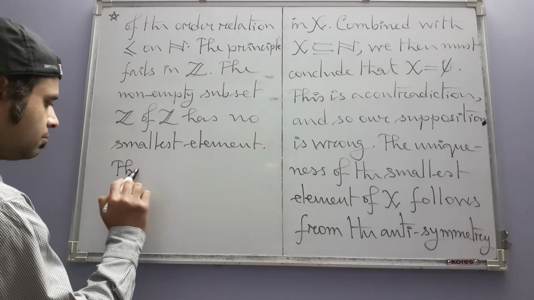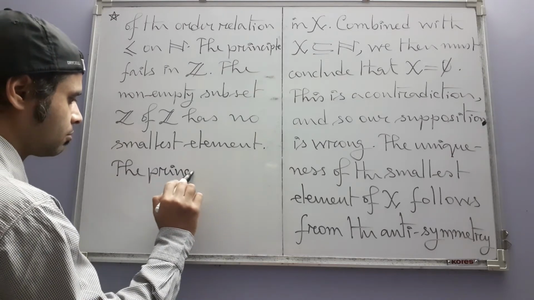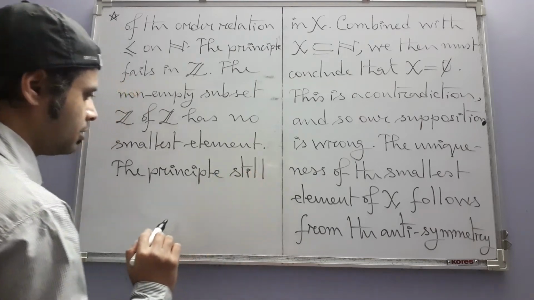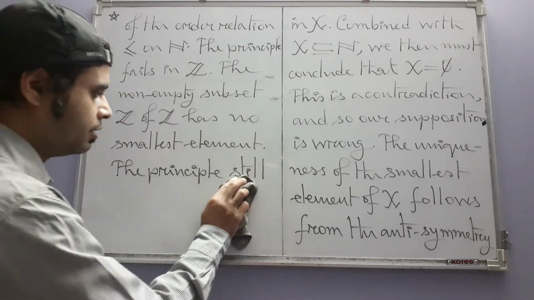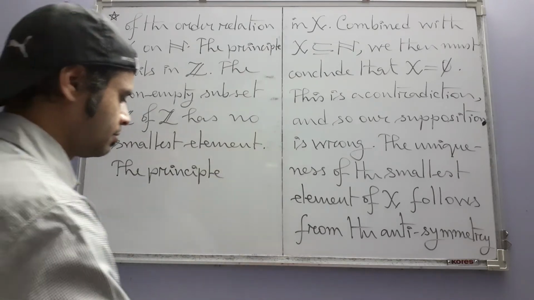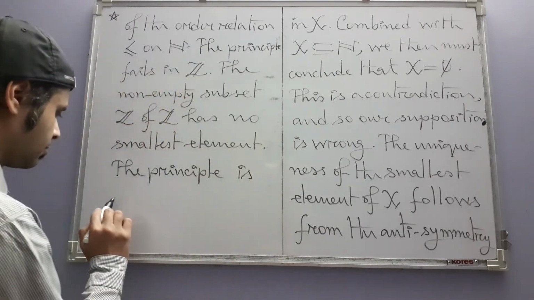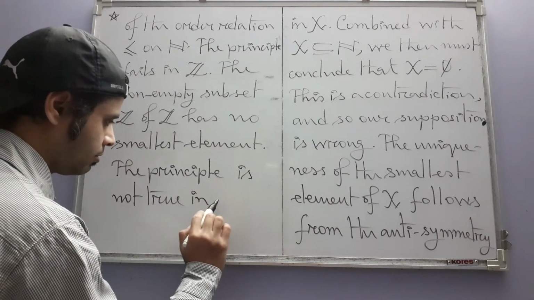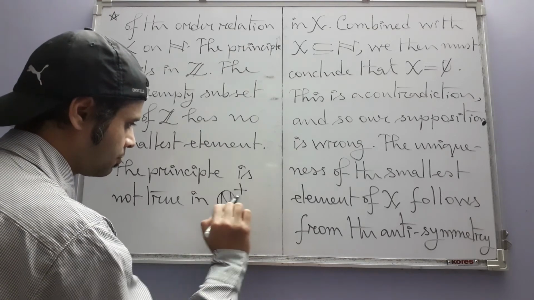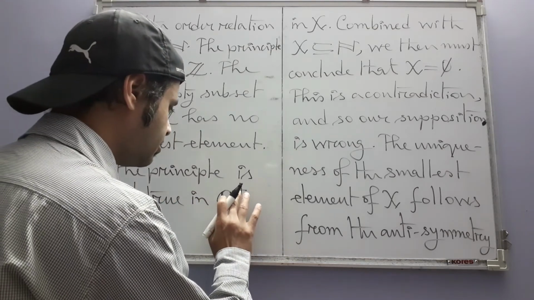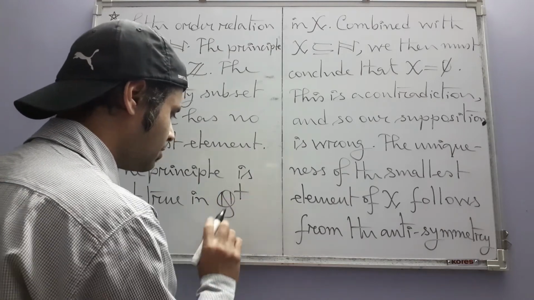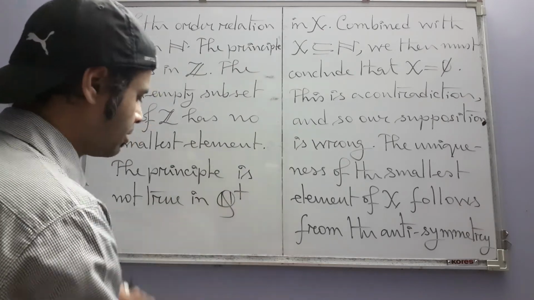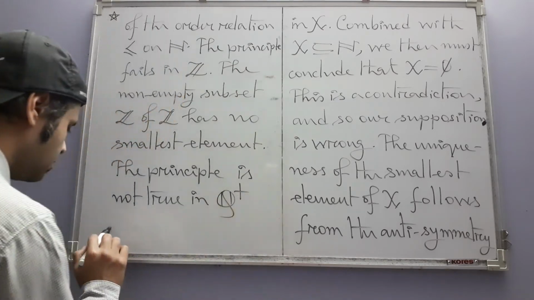The principle is not true in the system of positive rationals. I am not exactly sure if this is the symbol we are using in this book, but you understand that by this I mean the set of positive rational numbers.